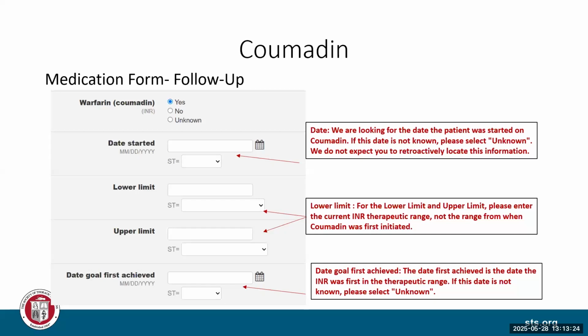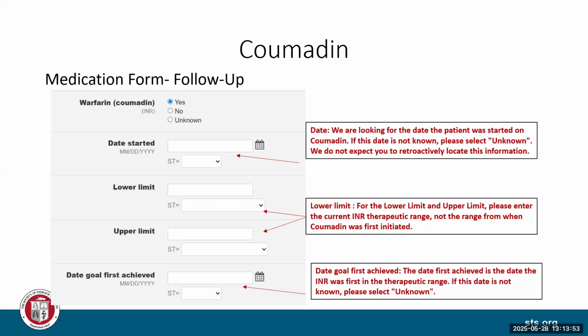I believe, if we're talking about the goal, it should be when the patient reached the current goal. Correct, Nancy? Yeah, this is the medication form on the follow-up. So if the limits changed at some time between the last follow-up, you want to know the date the goal was achieved. The current goal, current limit.